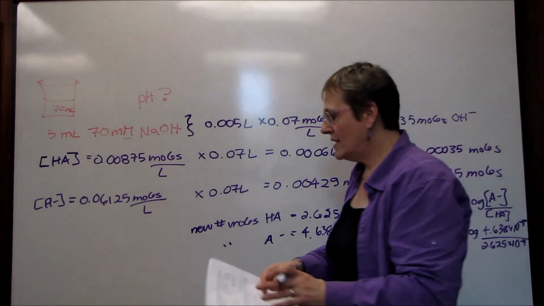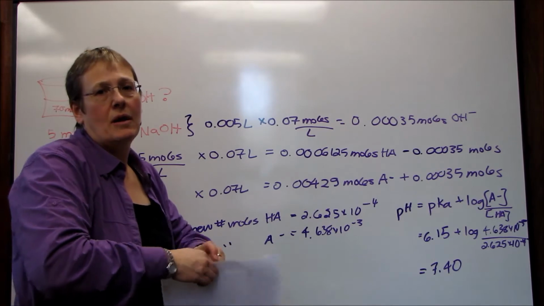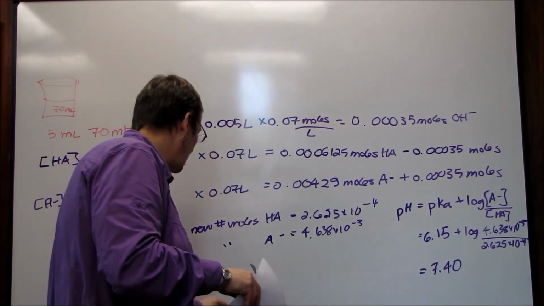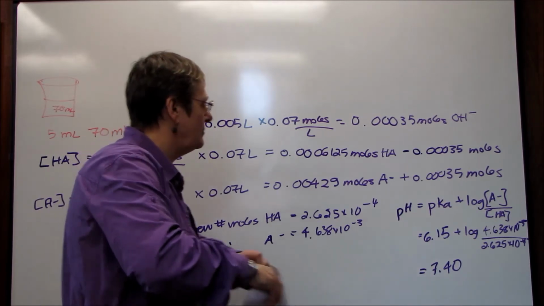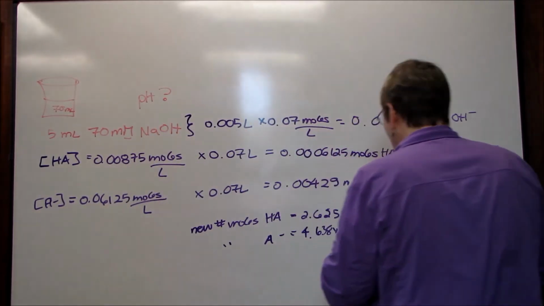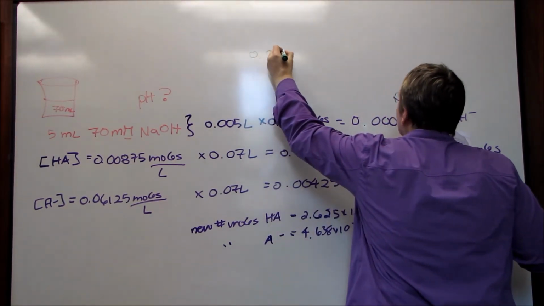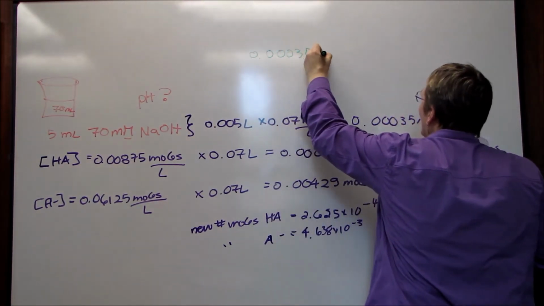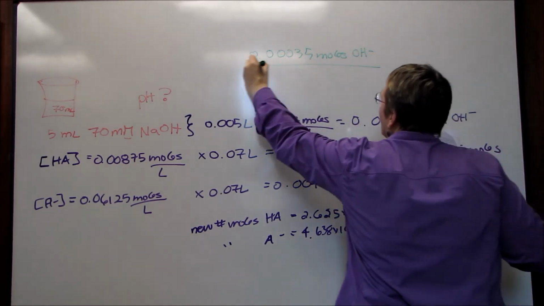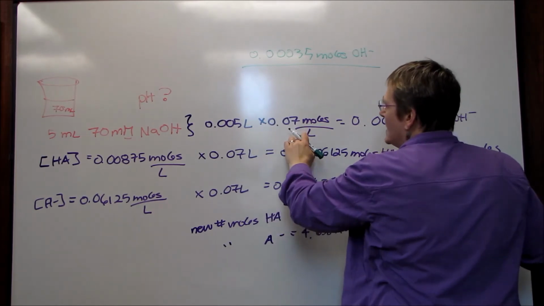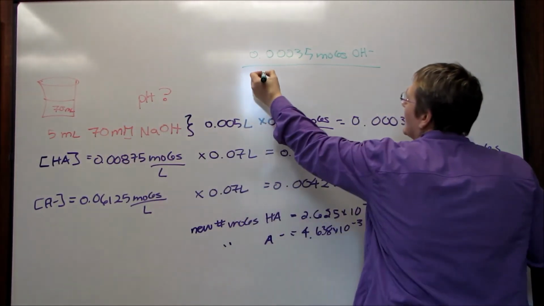It's always a really good idea to say, well, what would the pH be if I added that same amount of strong base to water instead? So let's look at that instead. If we had that same number of moles of base, which is 0.00035 moles of OH, in now 70 plus 5, so it's 70 mils of water plus 5 mils, okay?